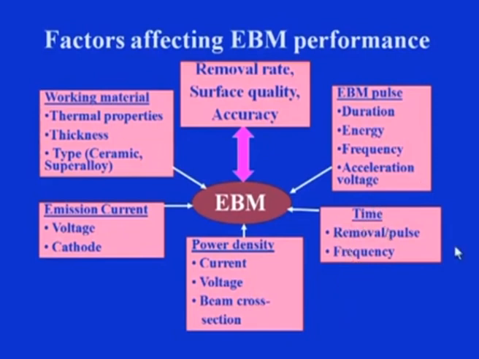Then the other parameters are time based parameters, that is removal per pulse and the frequency, and then electron beam pulse, that is duration of the pulse, energy per pulse, frequency and the acceleration voltage applied. This acceleration voltage is another very important parameter, as we have discussed earlier.